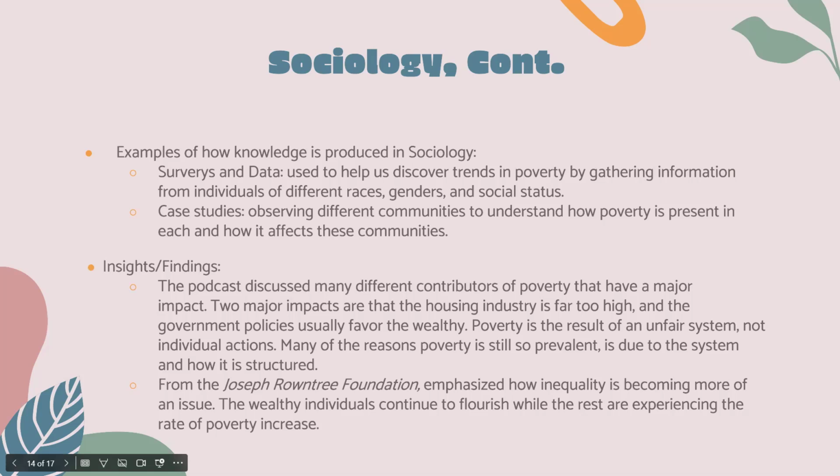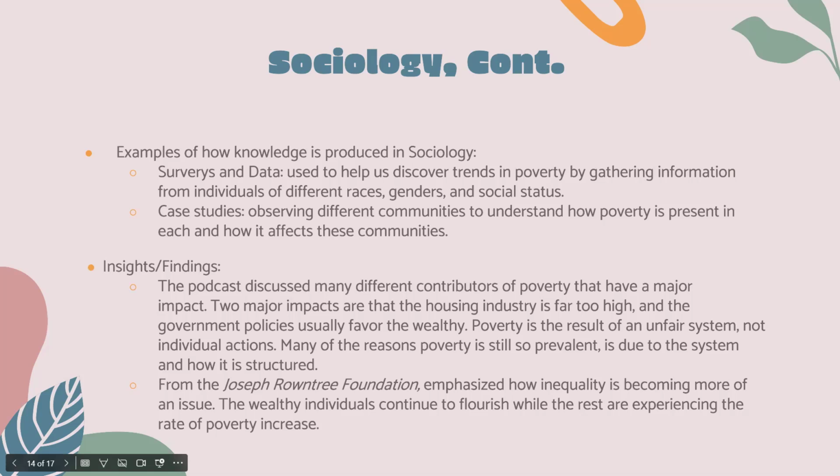Case studies are also done to observe specific communities to really understand how poverty is present in each of these communities and how these communities are also affected by this poverty.